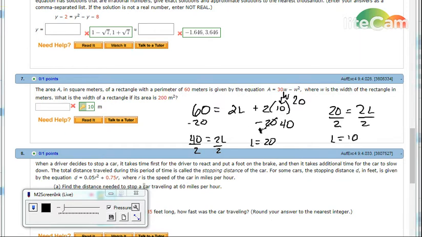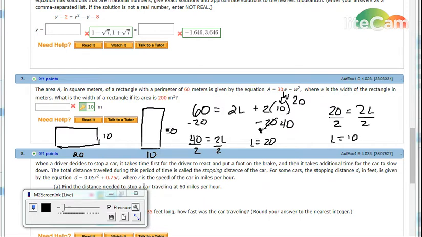Alright, so what I think is going on here, I'm still not sure why they only included one answer, but we have a rectangle that measures 10 by 20. If we wanted to, we could rotate that rectangle, and it could be 10 by 20.